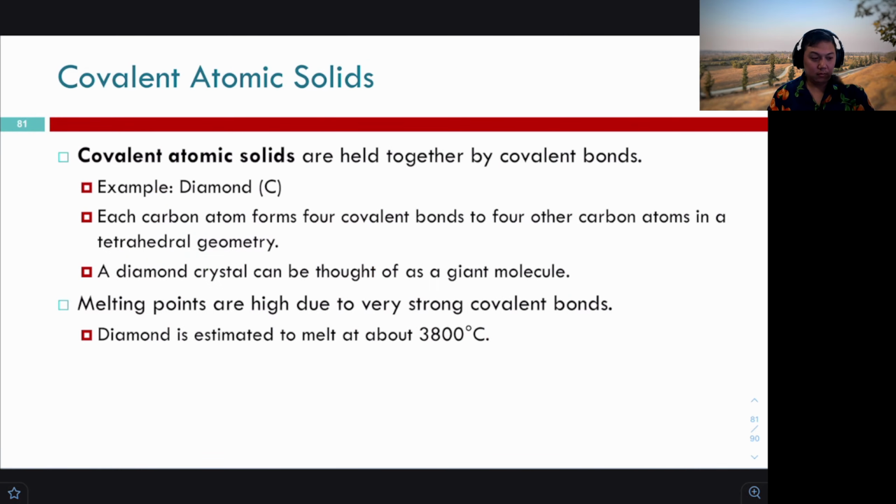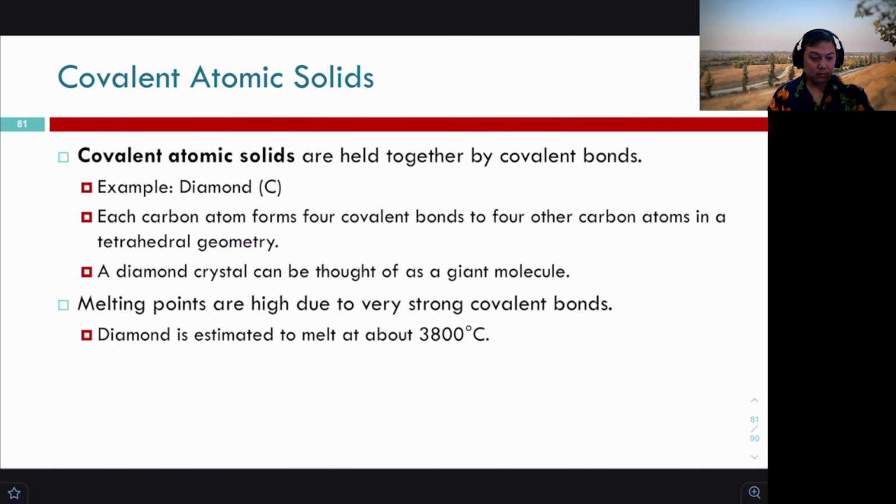So covalent atomic solids are held together by covalent bonds, as the name would suggest, like diamonds. Each carbon atom is forming 4 covalent bonds to 4 other carbon atoms, which is forming 4 more bonds with 4 other carbon atoms. Well, actually, 3 in addition to the first one.